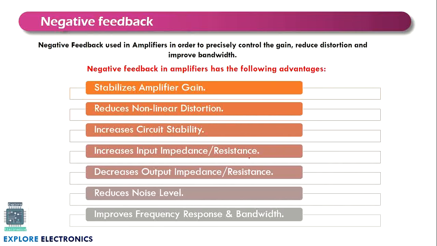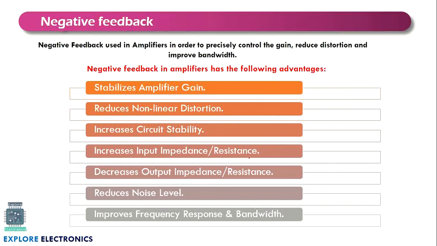If the bandwidth or the frequency response of the amplifier increases, what happens? The amplifier can amplify different kinds of frequencies. If the bandwidth of the amplifier is less, the amplifier is able to amplify only particular frequencies. That's why bandwidth should always be larger and noise factor should always be less.